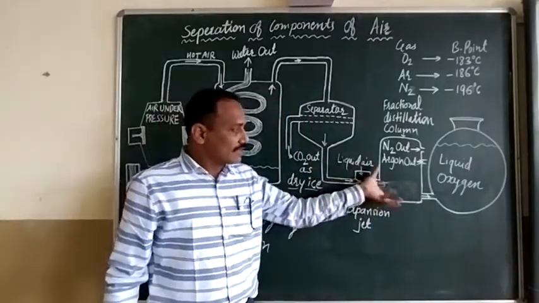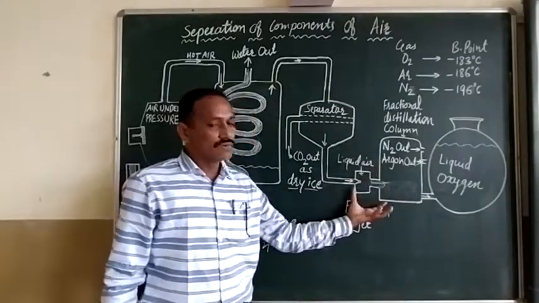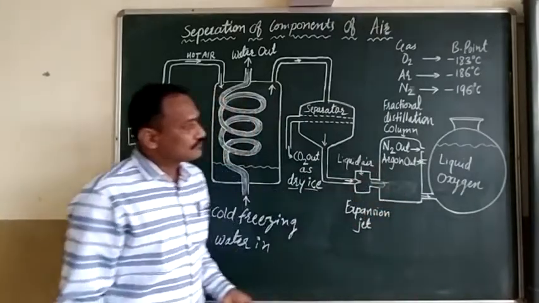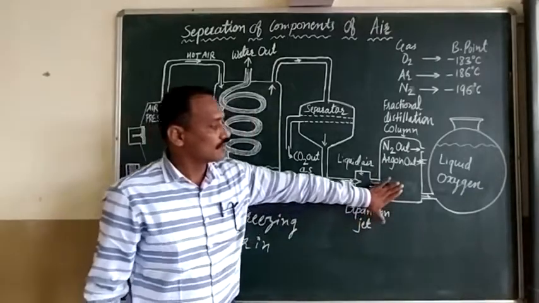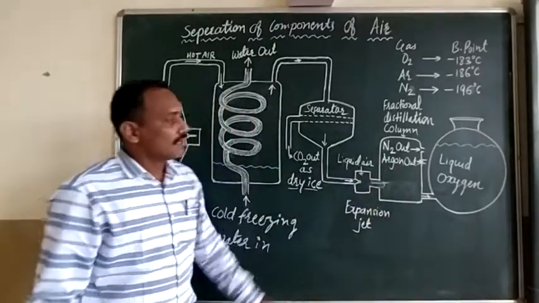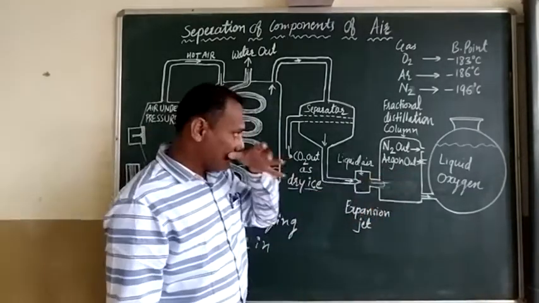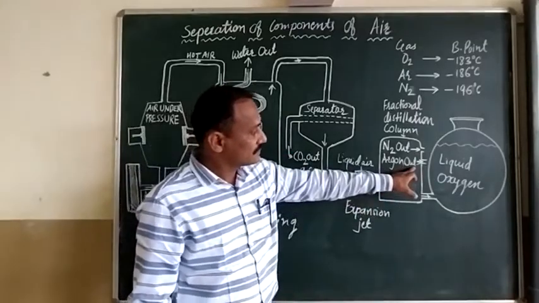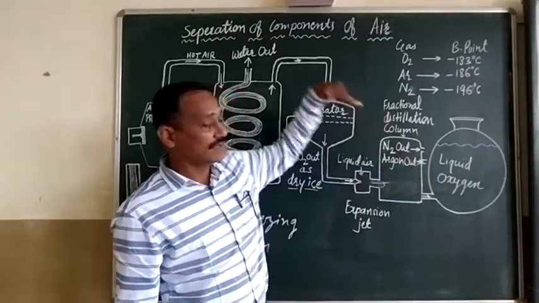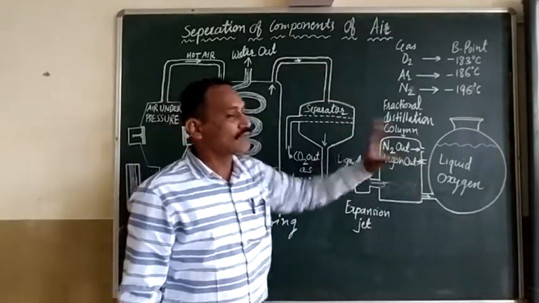So when it is allowed to expand and slowly warm up, the air warms up slowly in this chamber. And in this chamber, at first argon separates out, and at a certain height, nitrogen separates out.